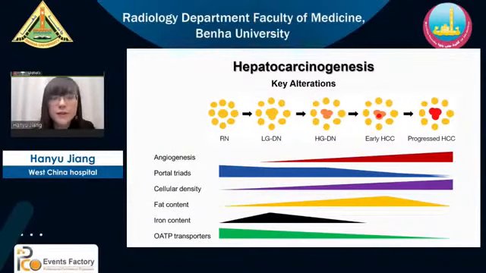Numerous pathophysiologic alterations accompany this multi-step hepatocarcinogenesis, among which changes in hepatic arteries, also known as angiogenesis, the portal triads, cellular density, fat content, iron content, and OATP transporters are the most prominent.